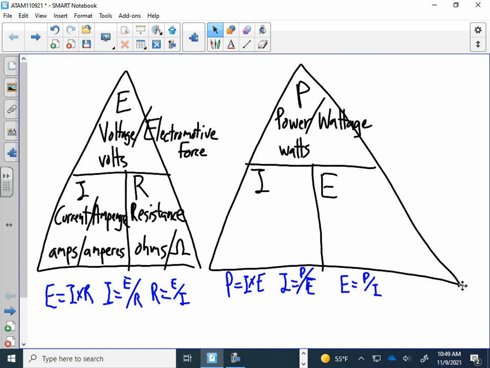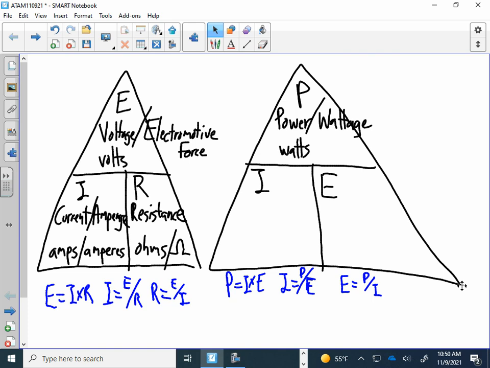You're going to have to go into the test and write your triangles. You're going to at least want to do the EIR, PIE, so that you can get the formulas, and then remembering that P is power and all the rest of it.